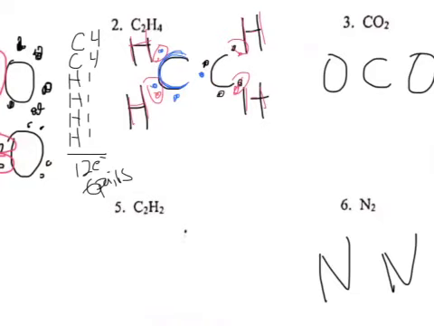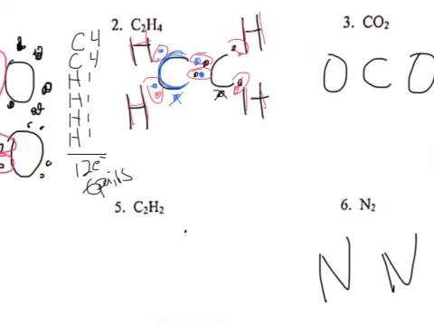So if this carbon has taken this electron and shared it, and if this carbon has taken this electron and shared it, we now have a double bond between the 2 carbons, and each of the carbons feels like they have 2, 4, 6, and 8 valence electrons and are happy.